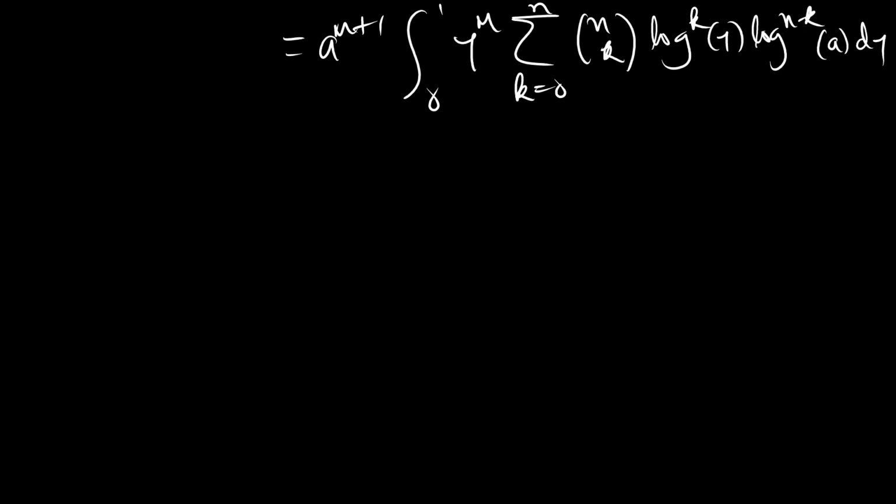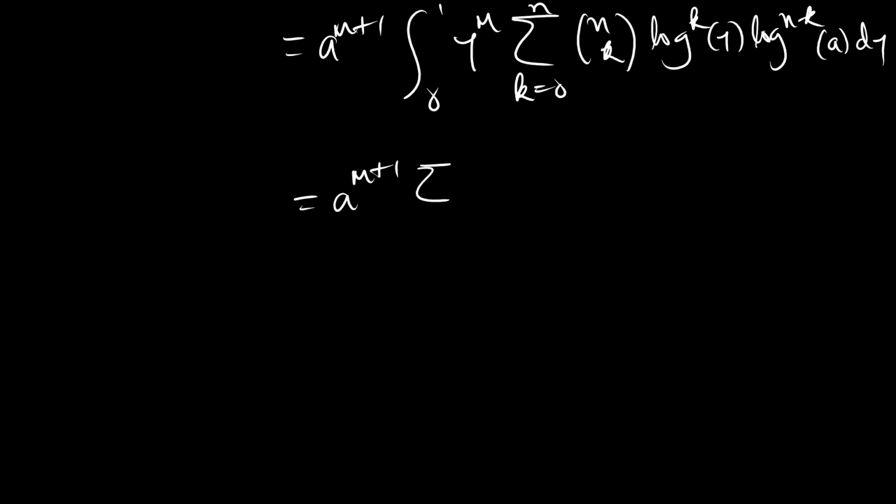dy. What we can do here, we see that the integration of a sum of individual components is the same as the sum of integration of individual components. So we can always swap the integration and the summation sign.